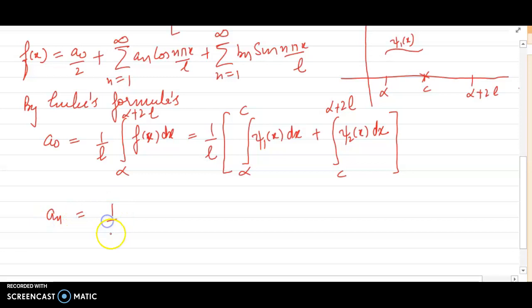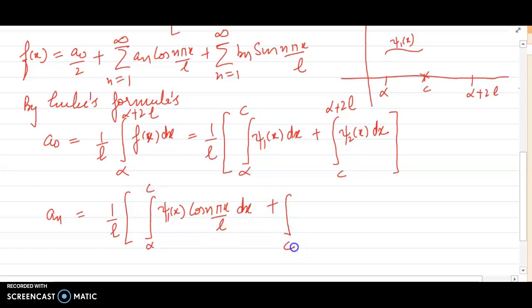On the same lines, I can write the value of a n. a n is 1 by L times the integral from alpha to c of psi 1 of x cos of n pi x by L dx, plus the integral from c to alpha plus 2L of psi 2 of x cos of n pi x by L dx.